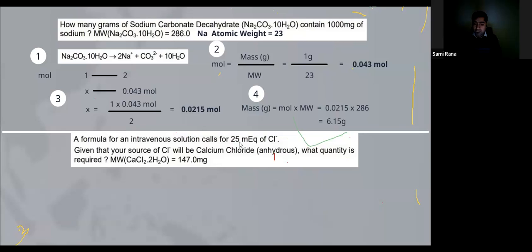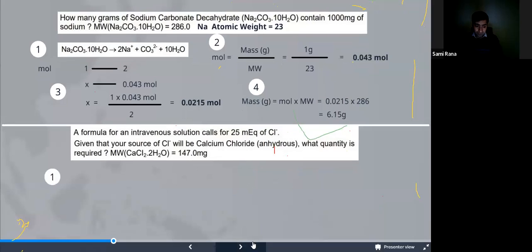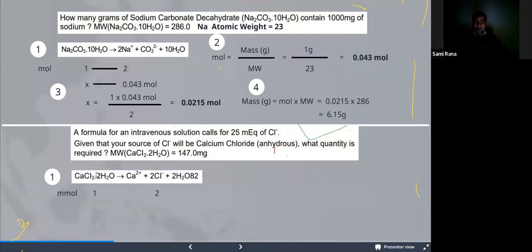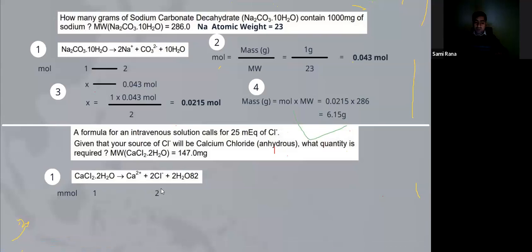MEQ means we are at a milli level. I don't see any other reason to go on the gram level, so we will go with, yes, excellent, the milli level. So how is it going to work? Number one, now we are at a milli level, so 1 millimole of this substance is going to give us 2 millimoles of chloride, right?